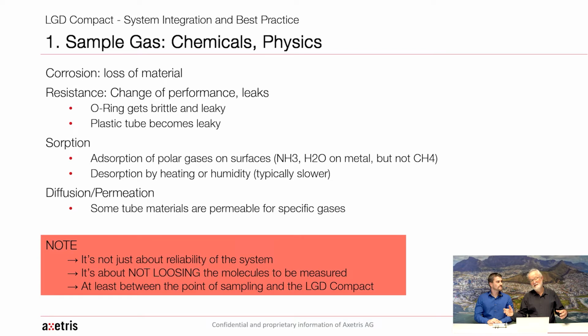At least it will be delayed, but maybe you will read a smaller value than expected. And that's important over all the gas flow from the sample point into the gas cell. What's afterwards, we don't care.